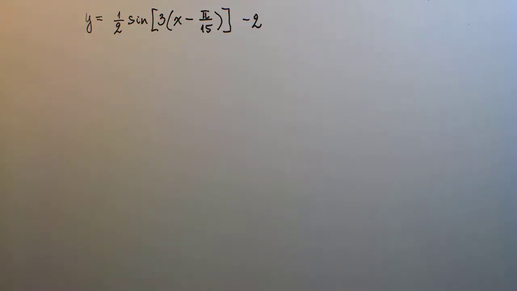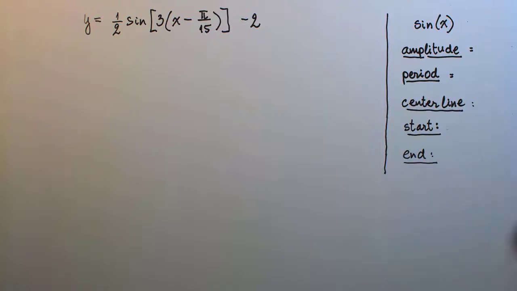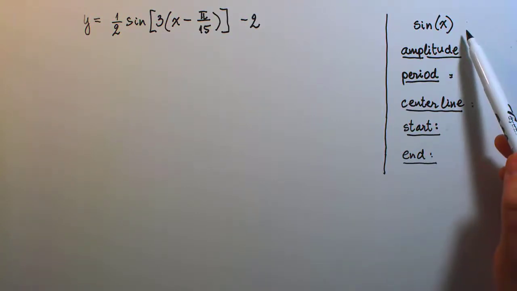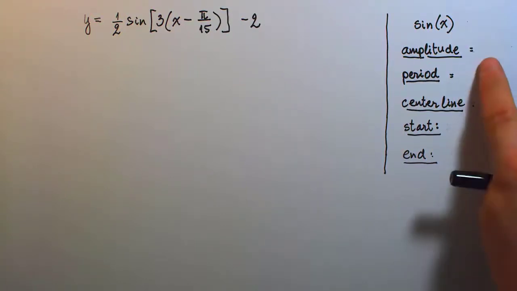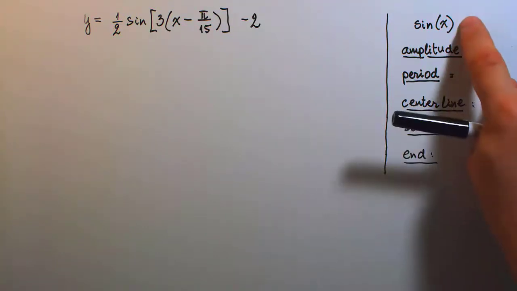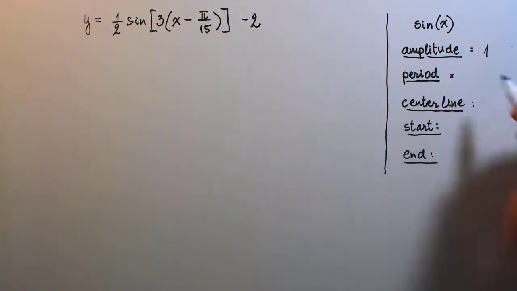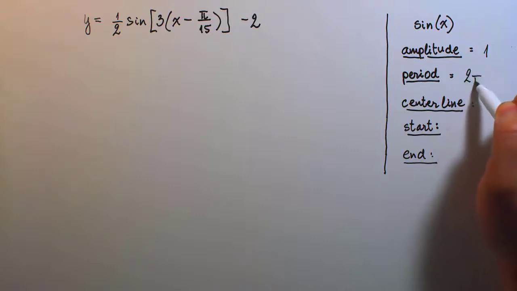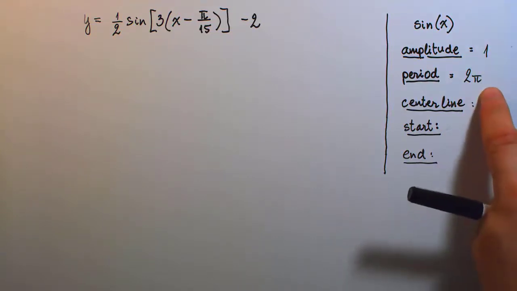Briefly looking back, for our ordinary or standard sine function, the amplitude is famously 1. The period of this ordinary sine function is 2 pi, which we usually call the standard period.